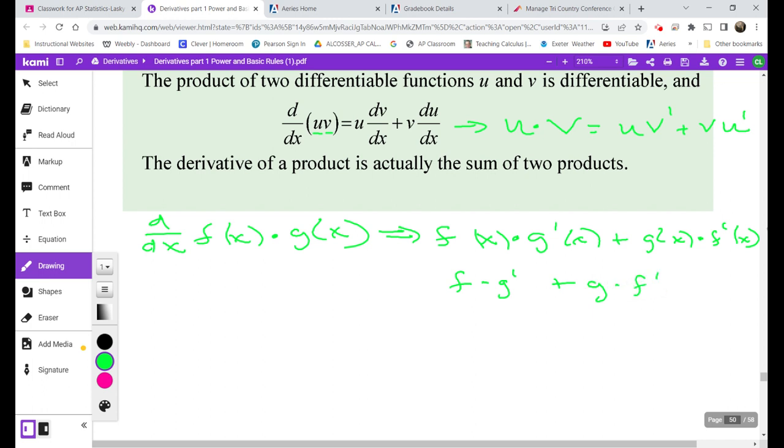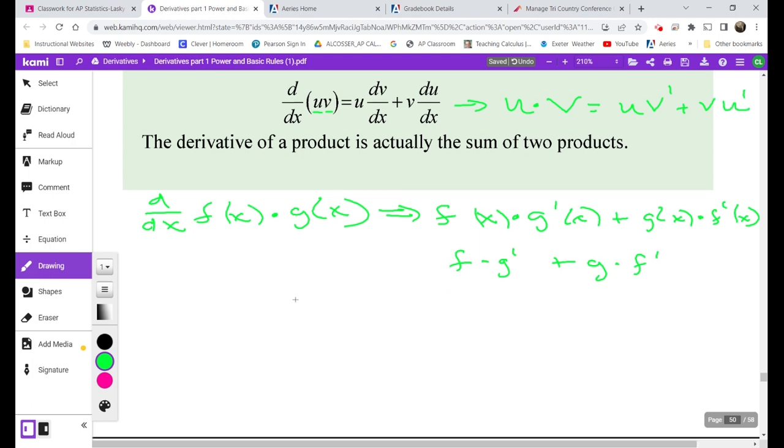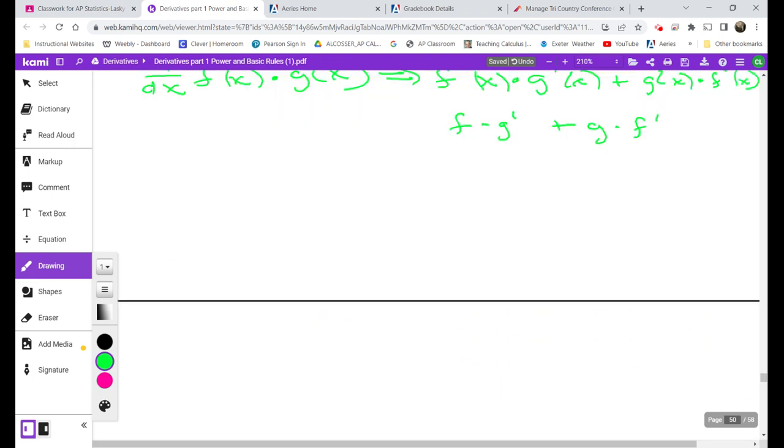There's so many ways to write these things, all right? So that's kind of the idea behind the product rule.